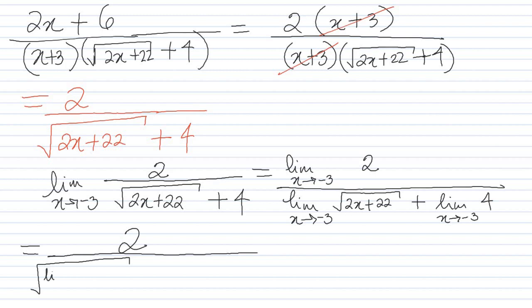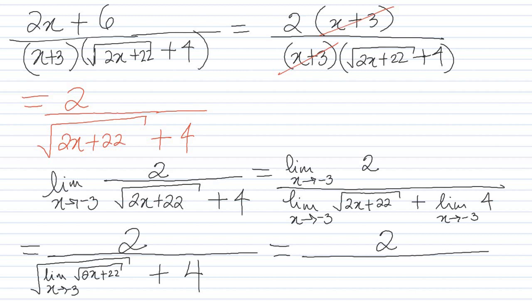Divided by the square root of the limit of the square root of 2x plus 22 as x goes to negative 3 plus the limit of 4 as x goes to negative 3. So 4 is a constant, so we're just going to have 4 here.